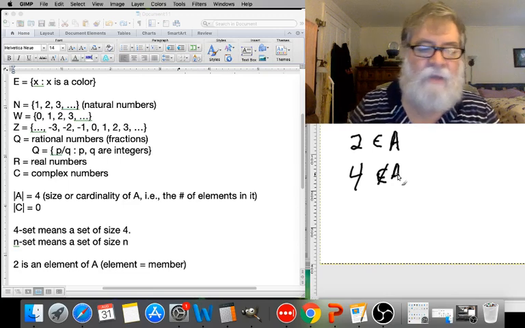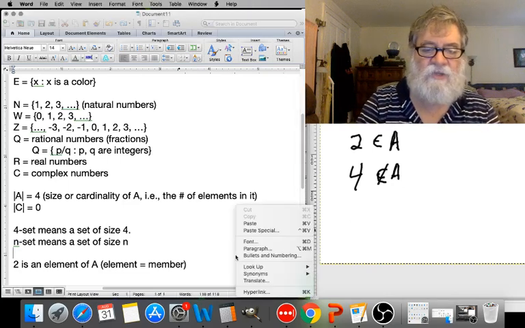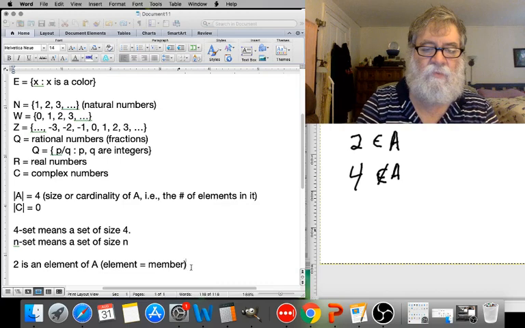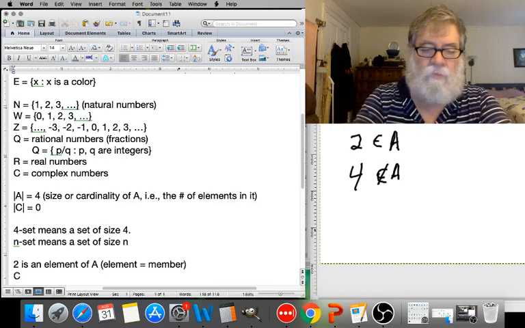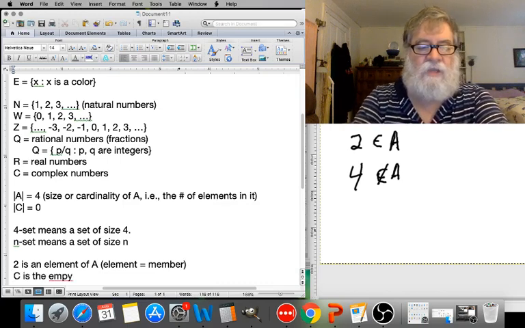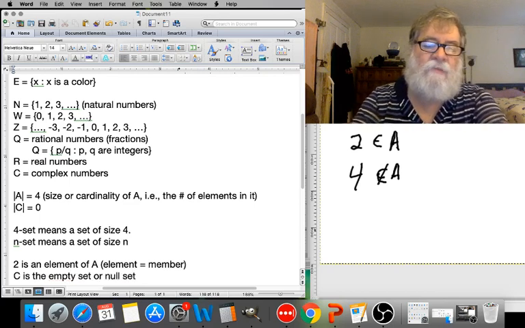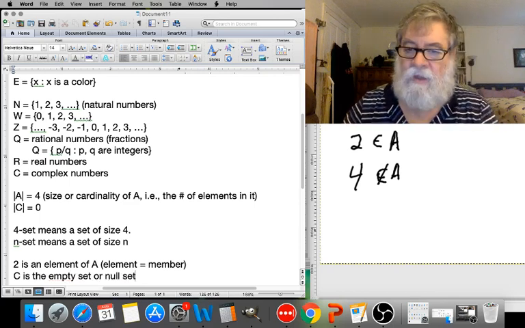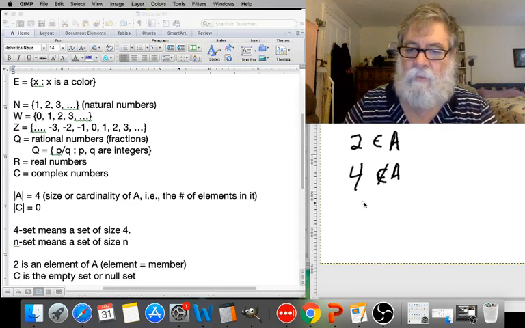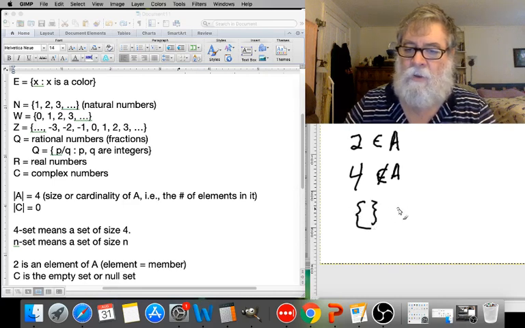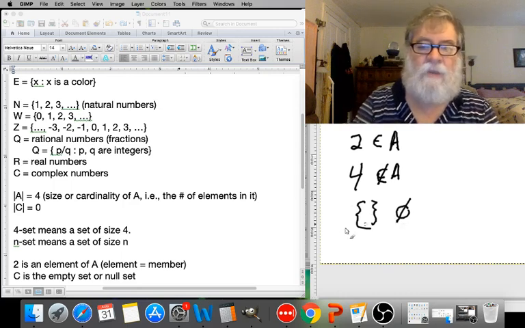Okay. The empty set, by the way, has a special symbol of its own. It's the empty set, or the null set, and it's drawn either the way we drew it, as empty brackets, or as this symbol, which stands for the null set.